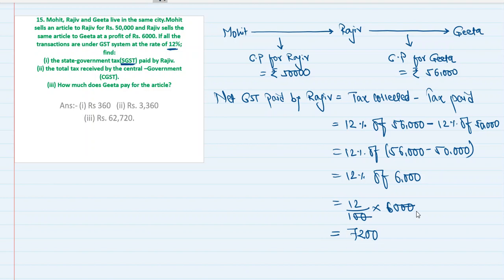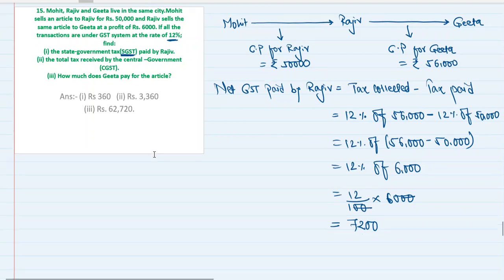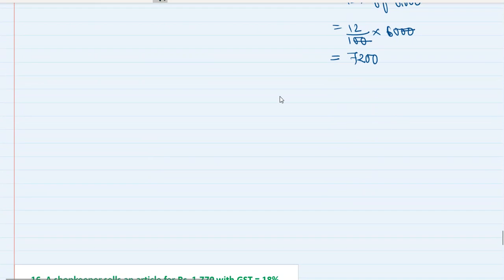Okay, out of this 7,200, Rajiv is going to pay SGST and CGST. Therefore, total GST, let me write this way. Net GST is equal to CGST plus SGST.